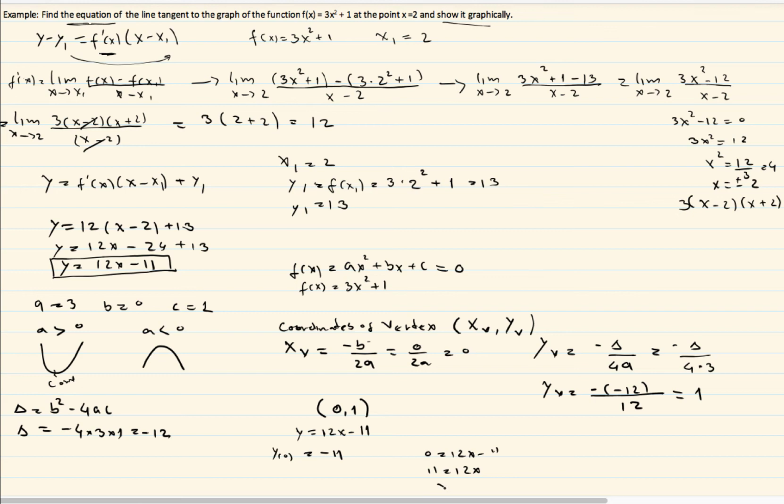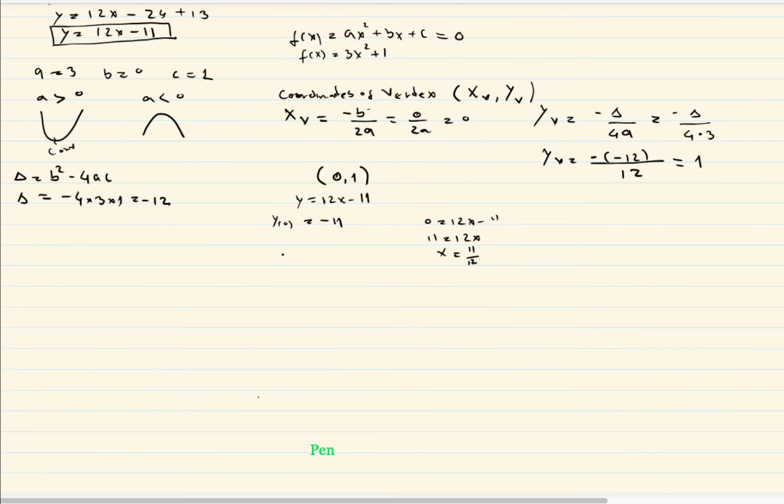So x is equal to 11 by 12. Our graph of the tangent is going to pass through these 2 points: 0, minus 11, and 11 by 12, 0.